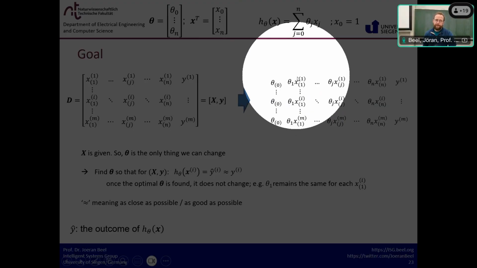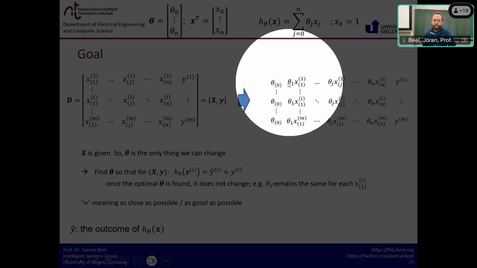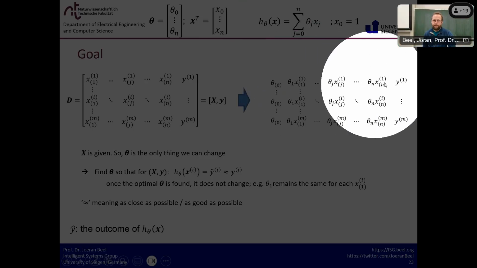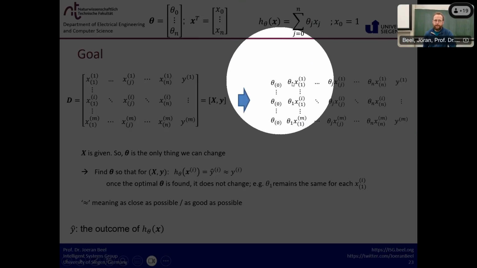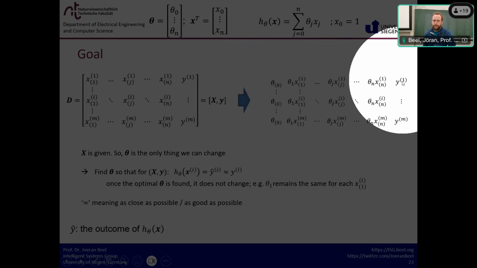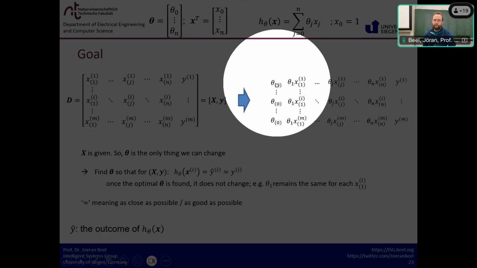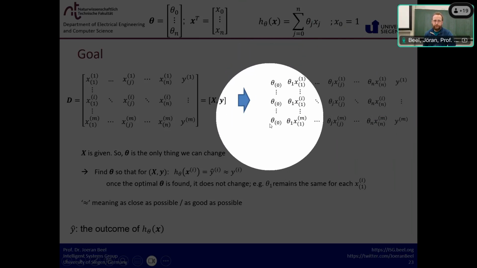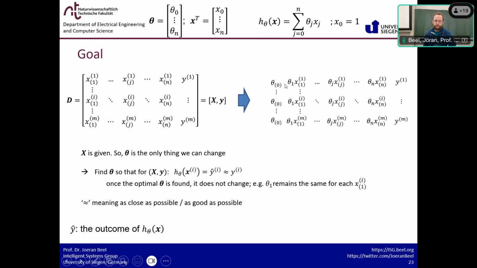If you multiply and add this, you want to get y as the output. Here's our new b, from the linear model, that's our b. We just put it in front. So we cannot change anything about x. X is given in the data. What we can change and modify and find is theta.